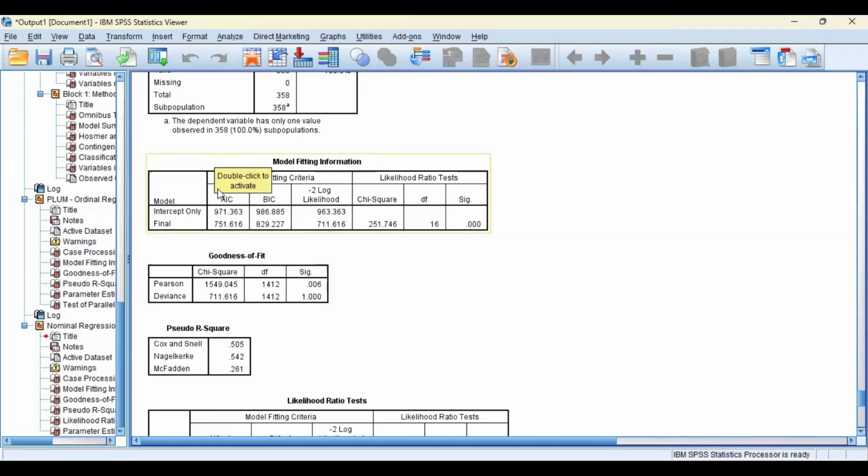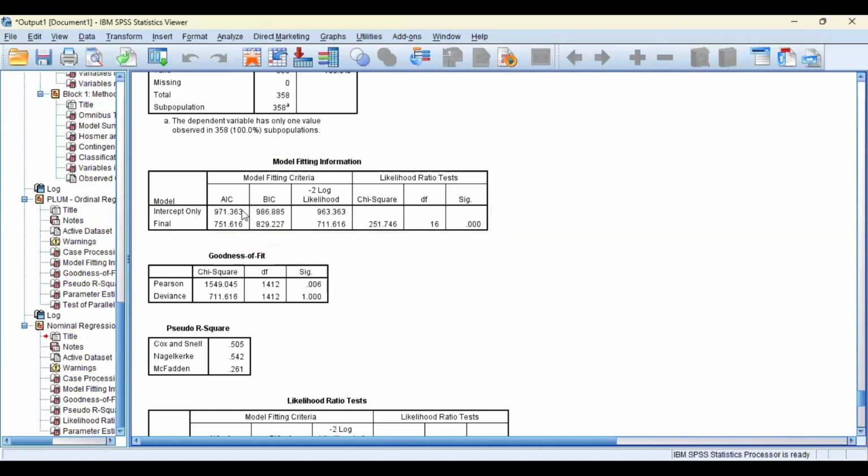They don't have any significance here actually, but generally we expect them not to be large numbers. With one model they may not be very helpful, but if you run multiple models, for example different combinations of your variables, the model with lower values here can be considered a better fitting model.